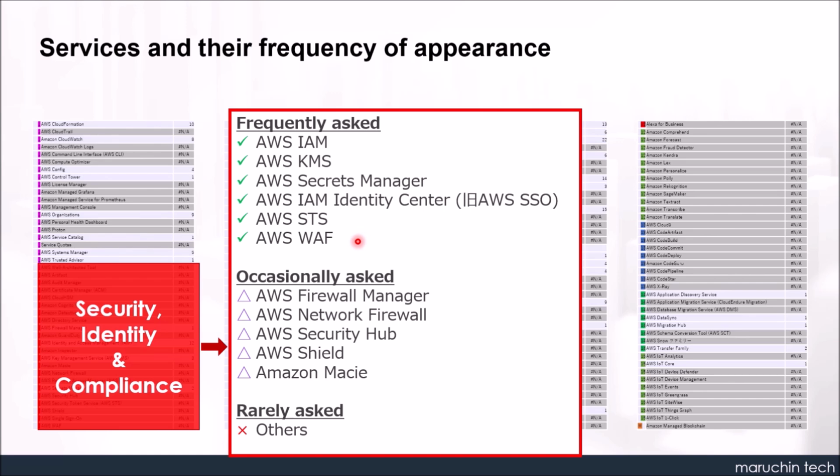AWS WAF, Web Application Firewall, often appears in questions about DDoS attack mitigation, particularly regarding rate-based rules. Additionally, you may encounter questions about firewall-related services and other security and threat detection services.